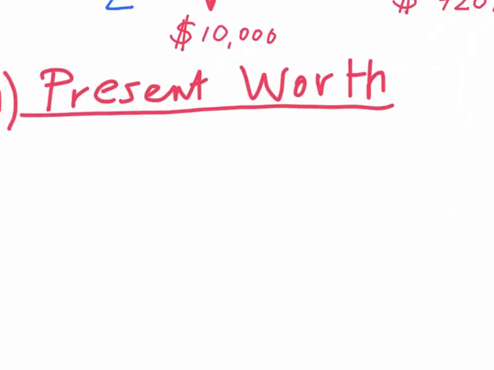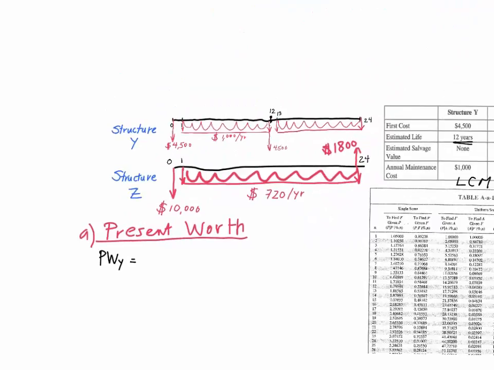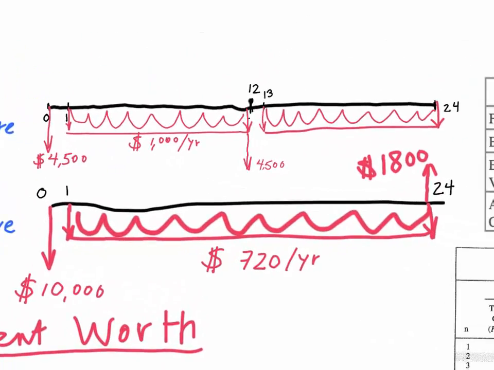So for present worth, you will calculate the present worth of the first cash flow, the present worth of Y. And the first thing here, you need to plan ahead. One thing is to think about how many terms you're calculating. So I have here, if you zoom in, cash flow Y.